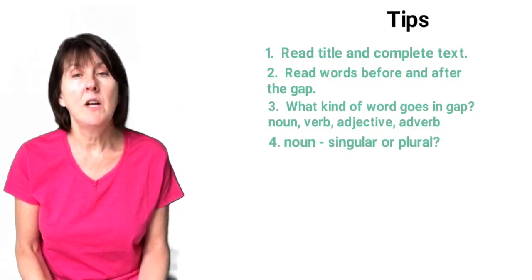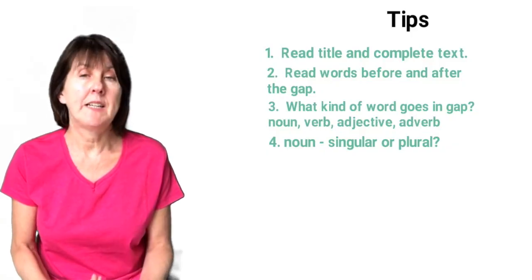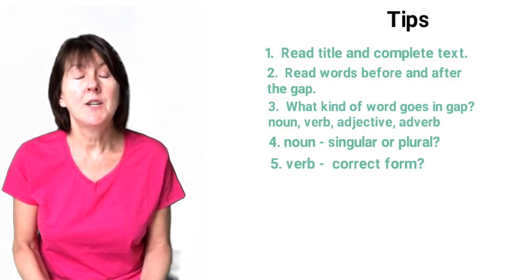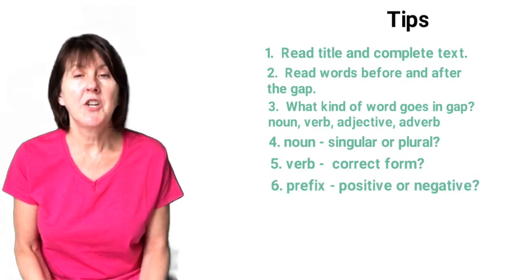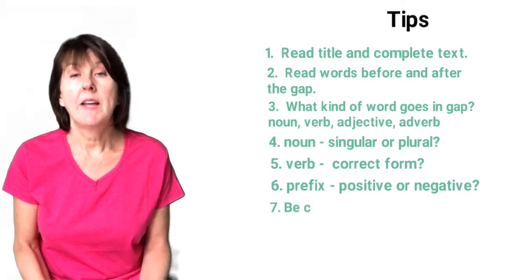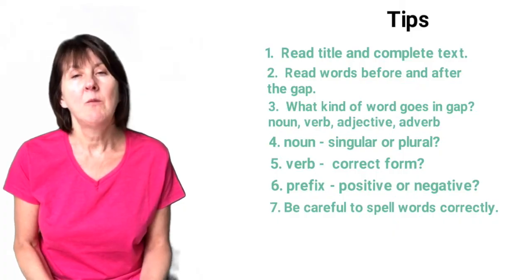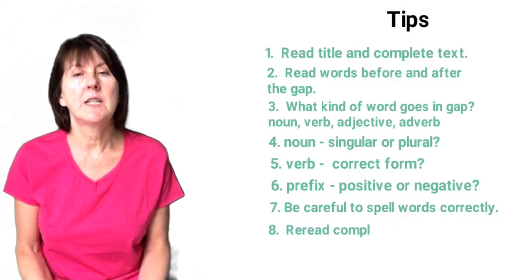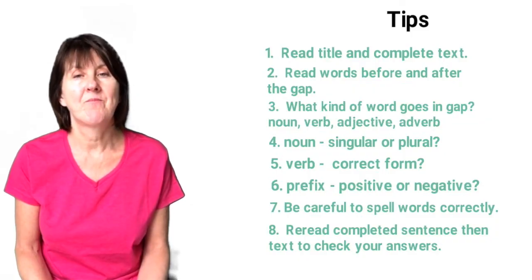If using a noun, check whether it needs to be singular or plural. If using a verb, check is it in the correct form. And if using a prefix, check whether it should be positive or negative. Be careful to spell words correctly. And when you've finished, check your answers by reading the sentence and then the completed text again.